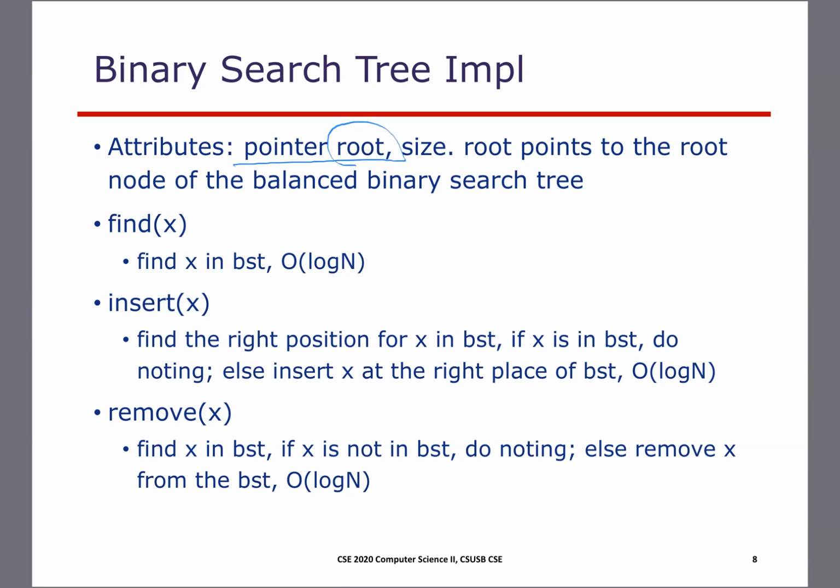Root is a pointer, and the root points to the root node of the balanced binary search tree. So here we use a balanced binary search tree to implement the set. And the root is one of the attributes.